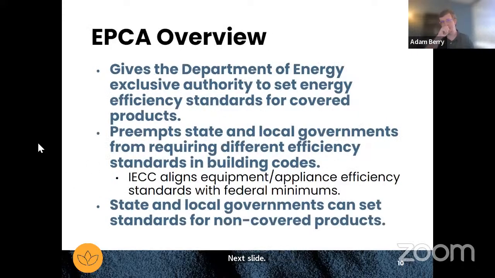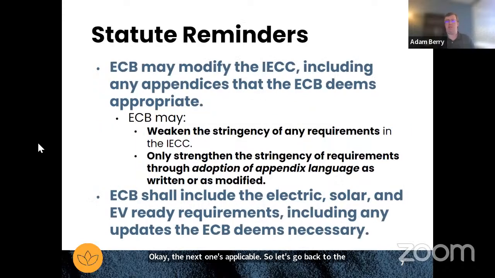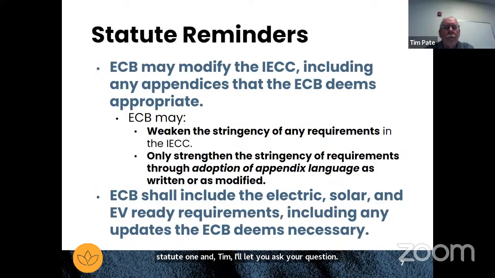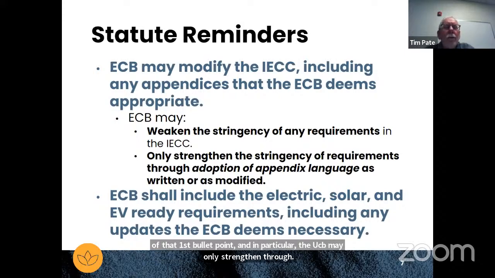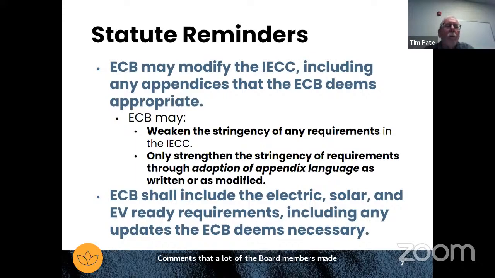So let's go back to the statute one, and Tim, I'll let you ask your question. Yeah, thank you. Going back to the question and the clarity of that first bullet point, and in particular, the UCB may only strengthen through appendix language. So we move into our specific comments that a lot of the board members made, and some were proposing to strengthen portions in the body of the IECC.